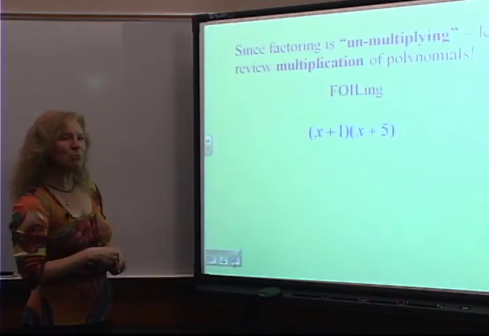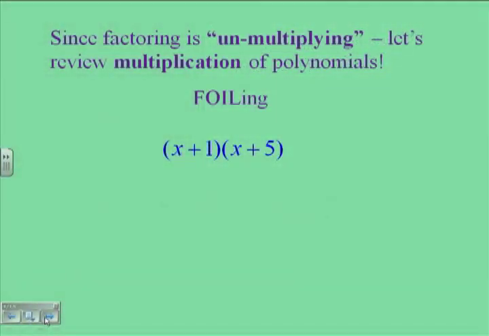But we continue multiplying. Now I'm using an acronym that I'm assuming you have probably run into in the past, FOIL multiplication. First, outers, inners, last. When you're multiplying 2 binomials, x plus 1 times x plus 5, we can use this acronym. Now maybe your teacher did a happy face or George. I've heard a variety of things.